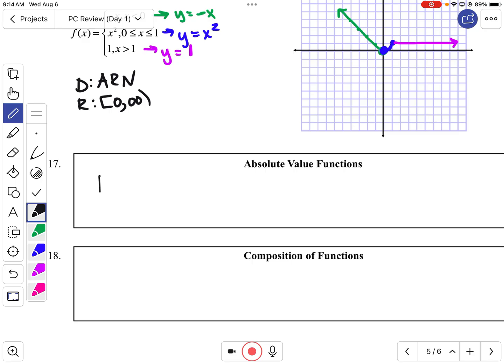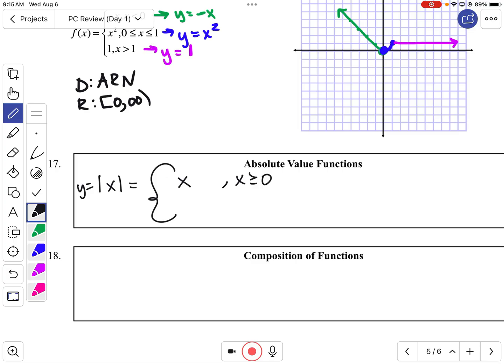So when we think about y equal to the absolute value of x, by definition, if I put a positive number inside of absolute value, what will it always spit out? What's the absolute value of 5? It would be 5. It would be positive. So whatever I put in, if it's positive, will stay itself. It does not change.